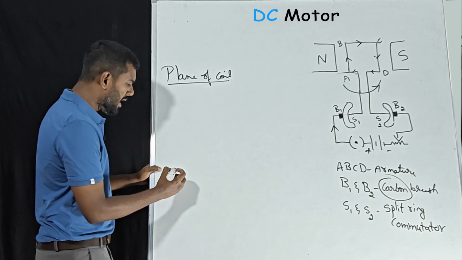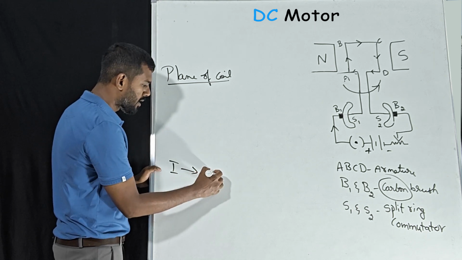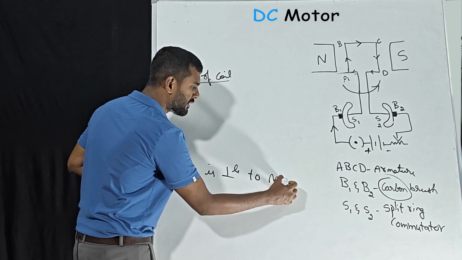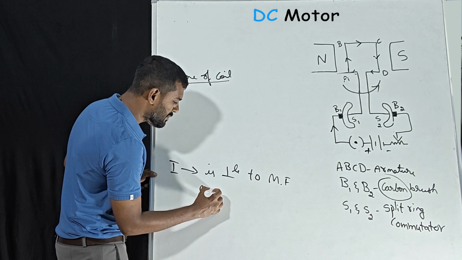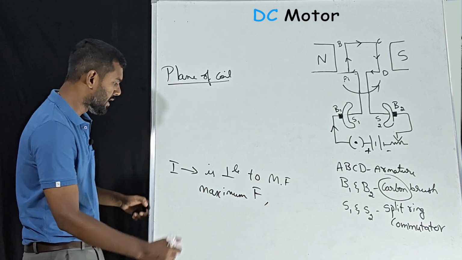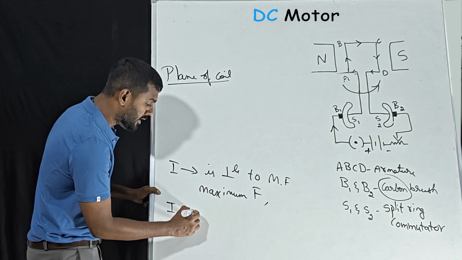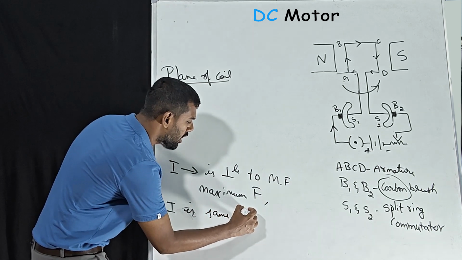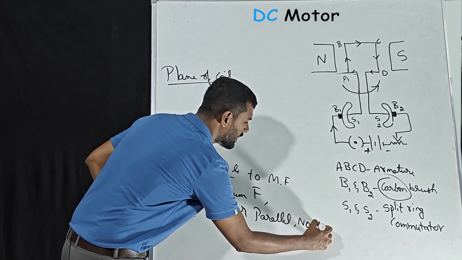If current direction is perpendicular to the direction of magnetic field, maximum force will be generated.